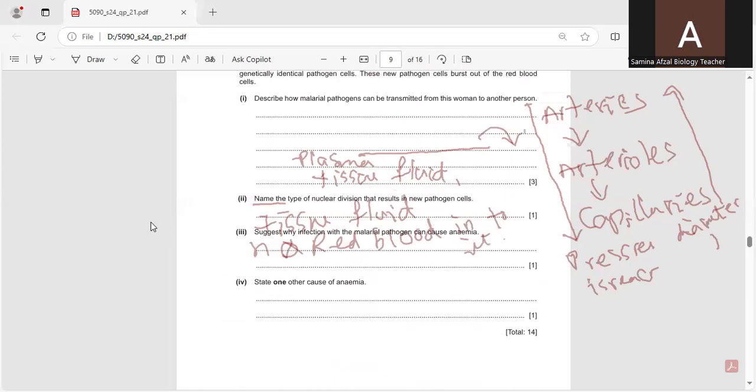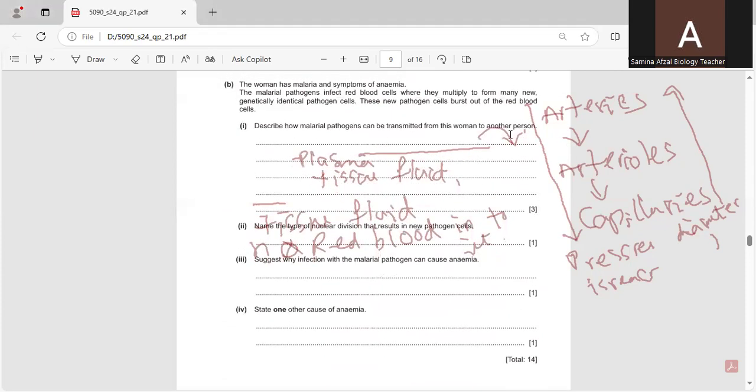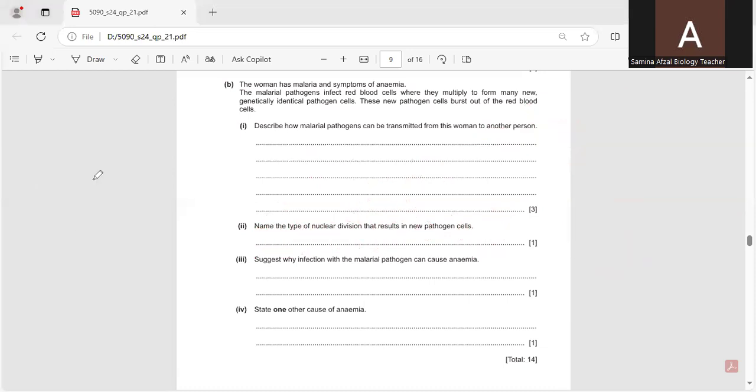The next question is about a woman who has malaria and symptoms of anemia. The malarial pathogens infect red blood cells, where they multiply to form many new genetically identical pathogen cells. These new pathogen cells burst out of the red blood cells.